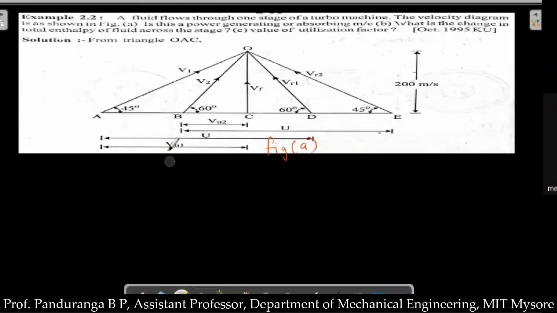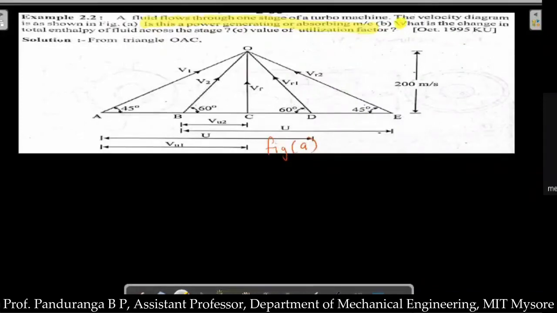That depends on the value of energy transfer. If the energy transfer is positive, then it is a power producing or power generating turbo machine. If it is negative, then it is a power absorbing turbo machine.